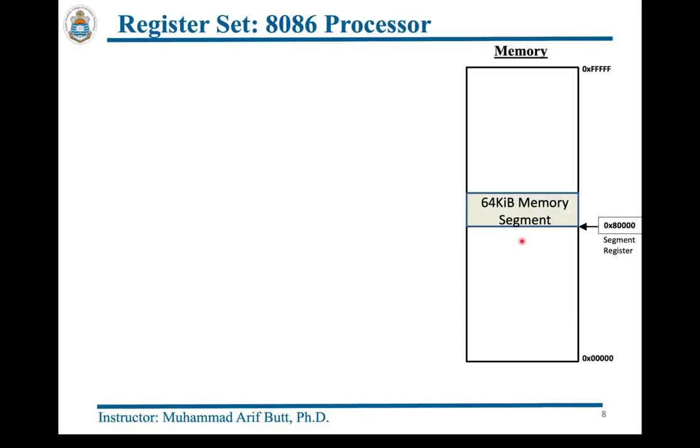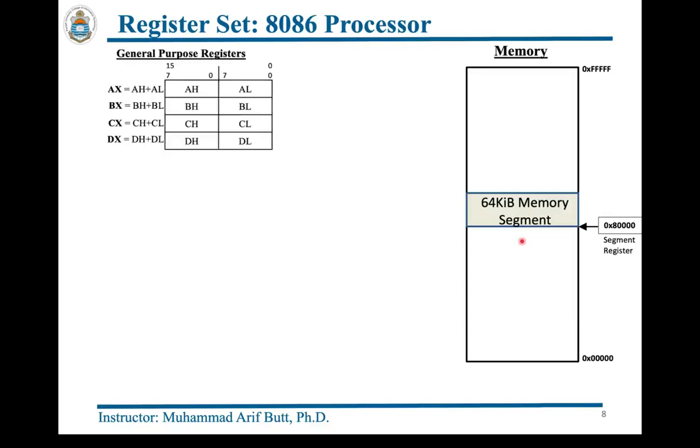Okay, dear students, now let's talk about the register set of 8086 microprocessor. So there are four 16-bit general purpose registers, AX, BX, CX, and DX. If, being an assembly programmer, you want to access the lower 8 bits of these registers, you can use the names AL, BL, CL, and DL.